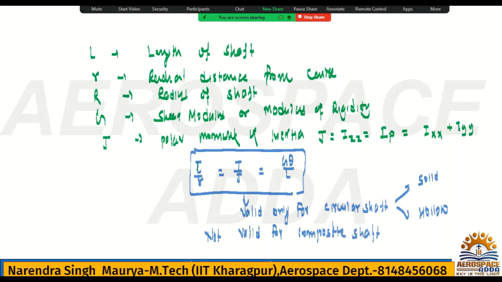Composite shaft means a shaft made with two different materials or more than two different materials. So for composite shaft, it is not valid. This one you need to remember. Fine. All right, up to here it is done. Now we'll go for the assumptions for this.